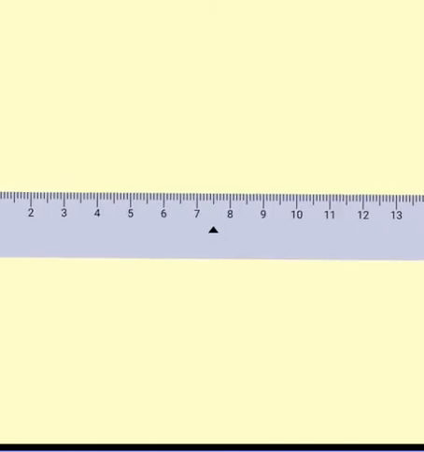Take a scale and draw a line of any length. Let me give the name AB to this line.